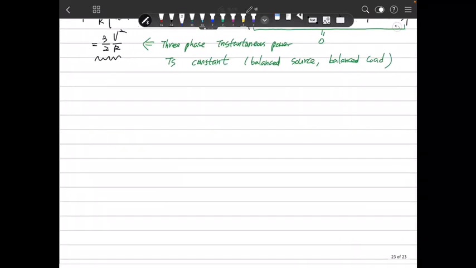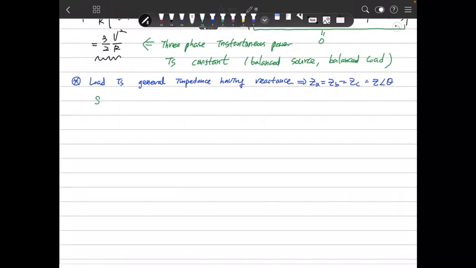So if the load is a general impedance, having reactance, that means GA and GB and GC is G with a phase angle of the load theta.